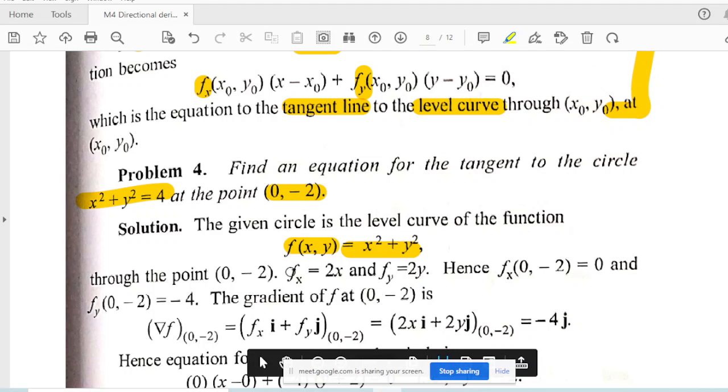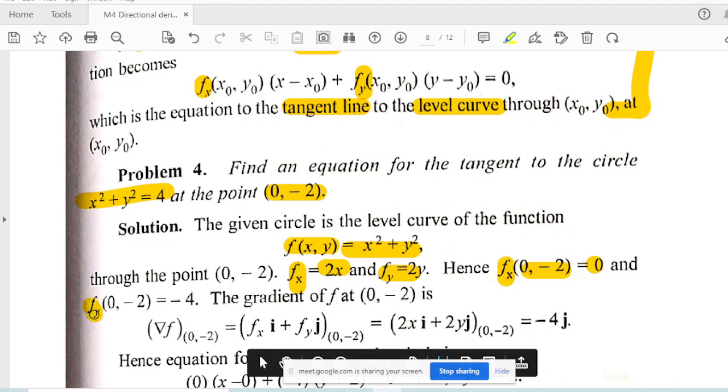And we have to find the partial derivatives. fx, the partial derivative with respect to x, is 2x. fy, the partial derivative with respect to y, is 2y. fx at the point 0, -2: substituting 0 for x and -2 for y in fx, you get 0.